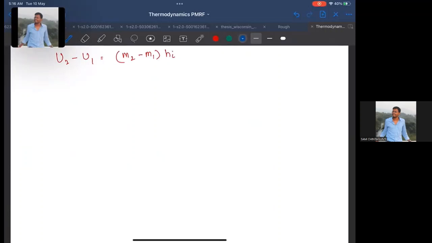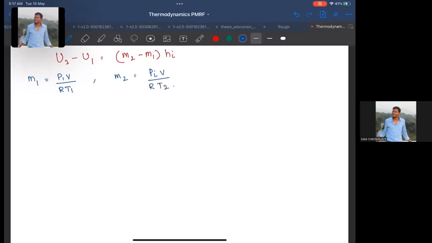And we know that m1 is equal to P1 V by R T1. m2 is equal to final pressure Pi times V by final temperature T2.